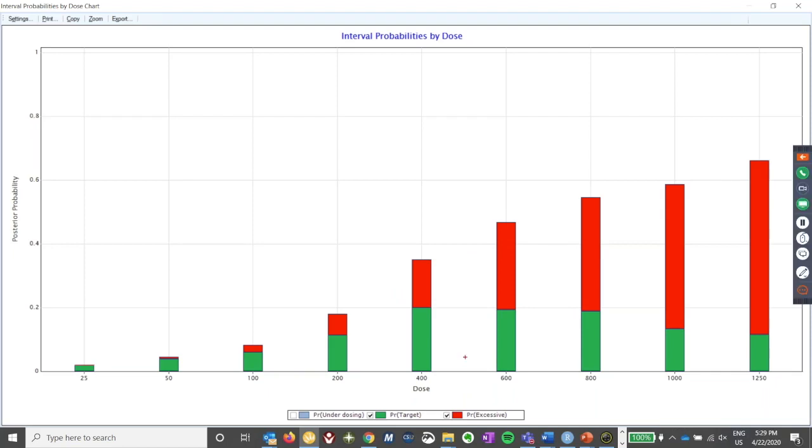So if I were not using any constraint in my BLRM, dose level 400 would be picked as the one that has the highest chance of falling in the targeted toxicity interval while maintaining the constraint of not being above 25%.